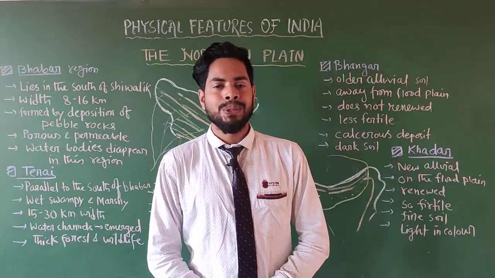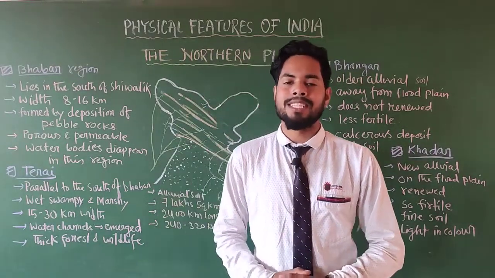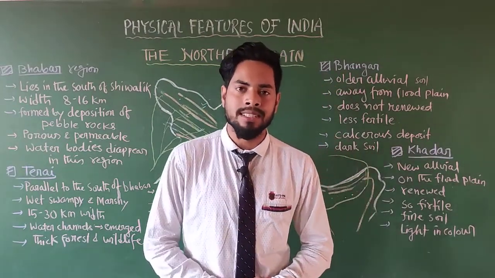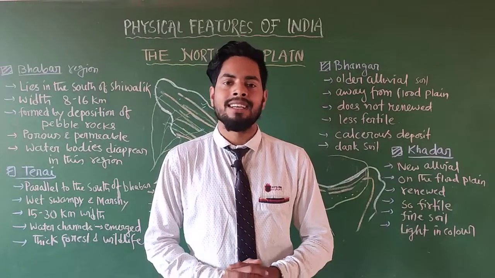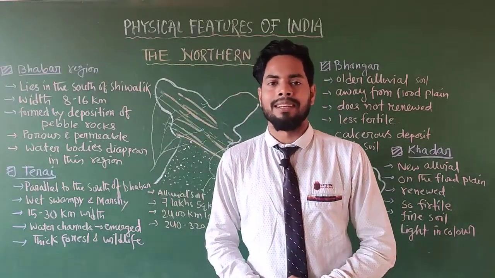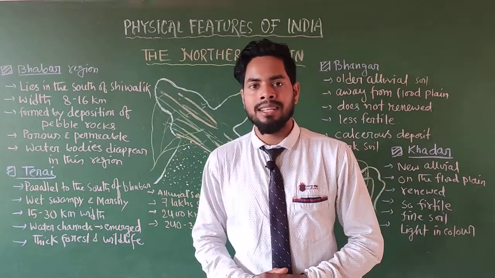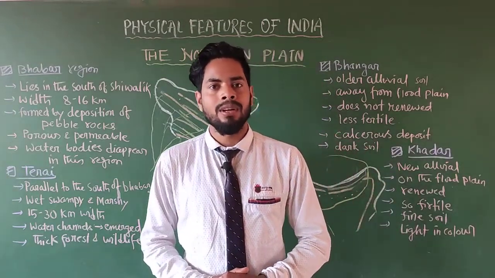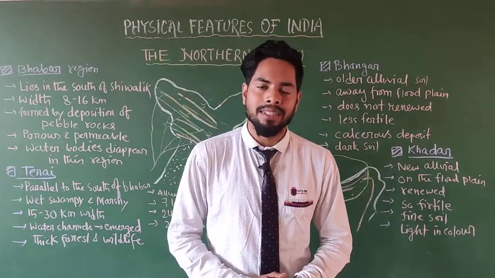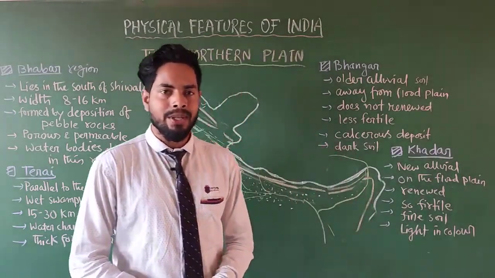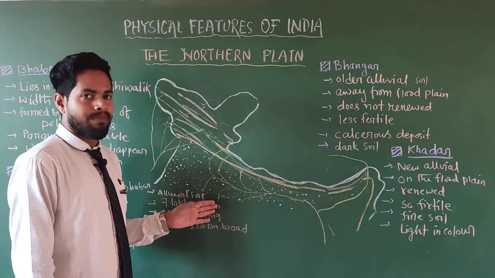Today we are going to discuss another important physiographic feature of India, the northern plain. Before this, I already discussed the Himalayan mountains, but today we are going to learn about the northern plain. First of all, see the diagram.